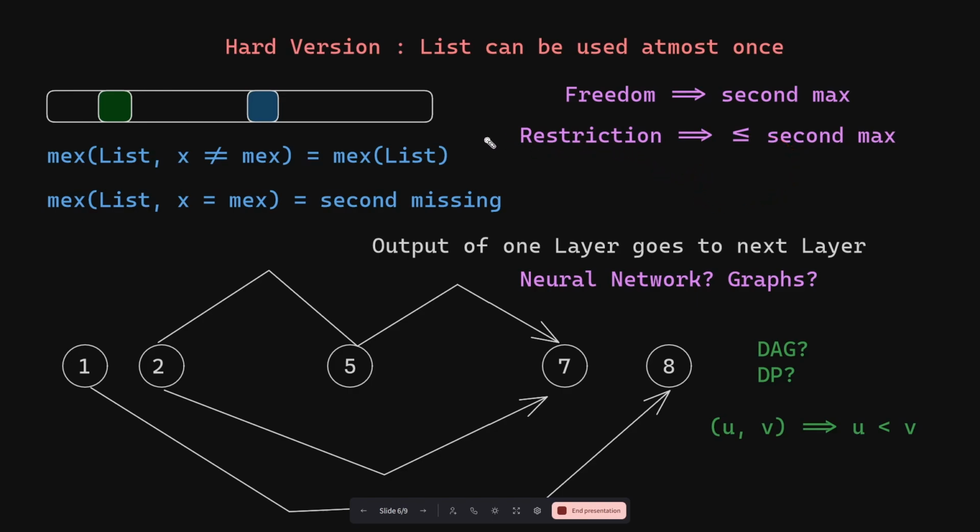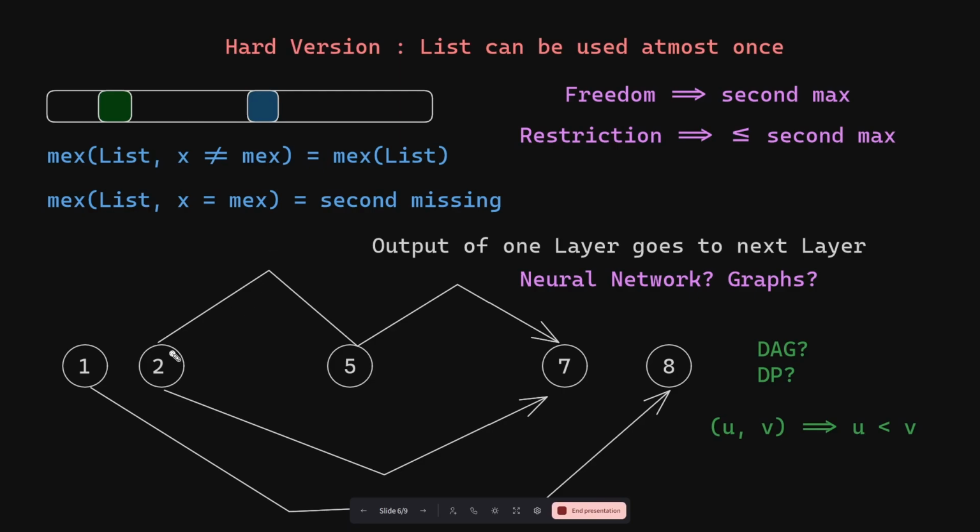Therefore they want you to get the output from some list and then pass it to some other list's input. So it is natural to think of neural networks and graphs, because that is how it works. The output of one layer is equal to the input of the other layer.